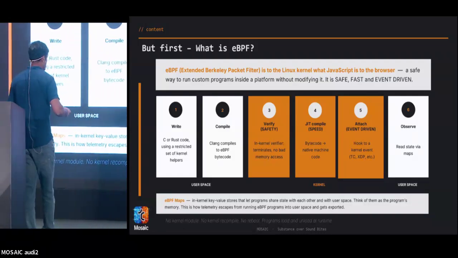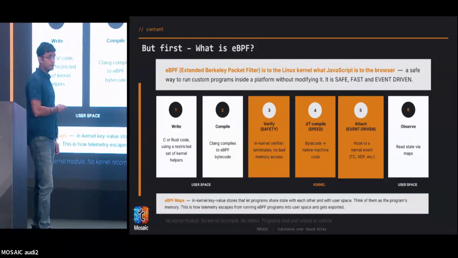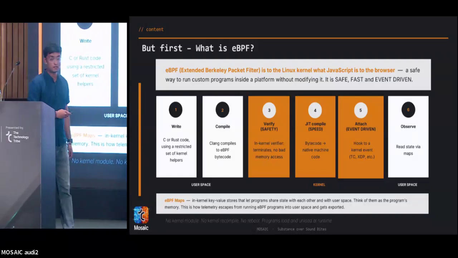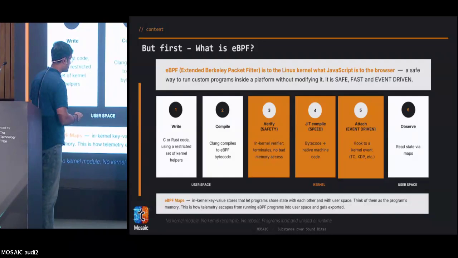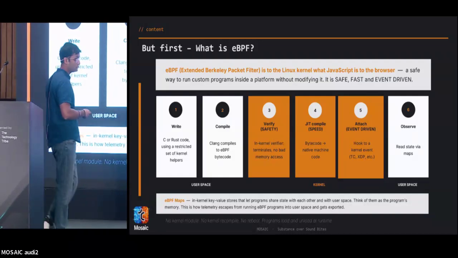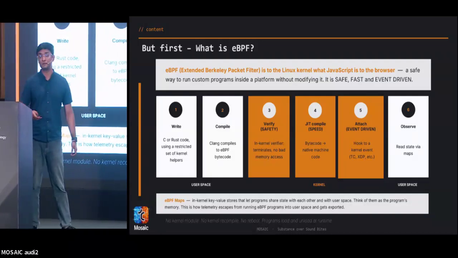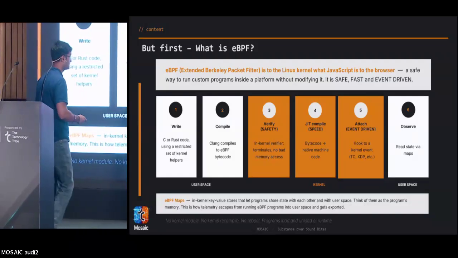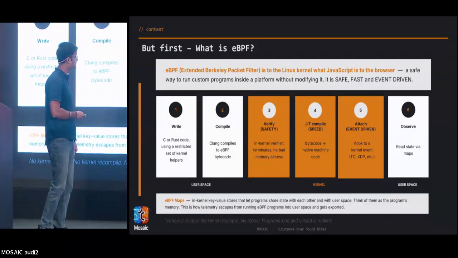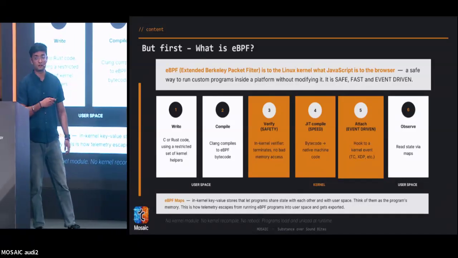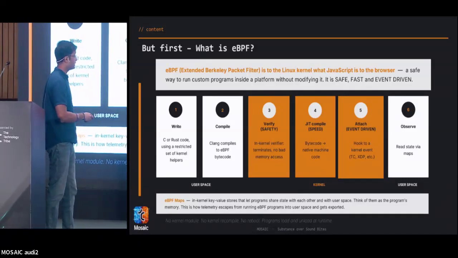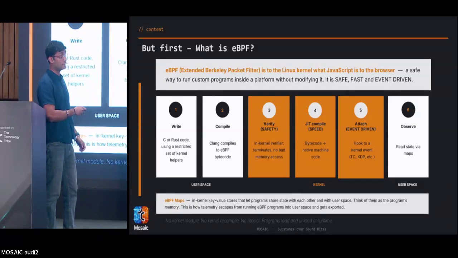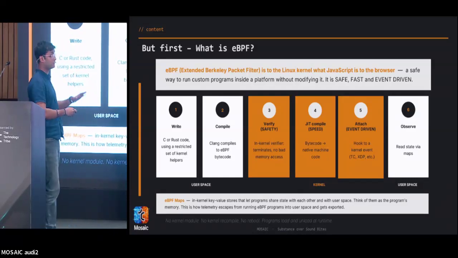Because the kernel is a very sensitive piece of the entire Linux infrastructure, it needs to verify your program for infinite loops, invalid memory access, variables not being defined, and so on. Then it uses a just-in-time compiler to turn the bytecode into native machine code, and that gives you roughly 10x performance.